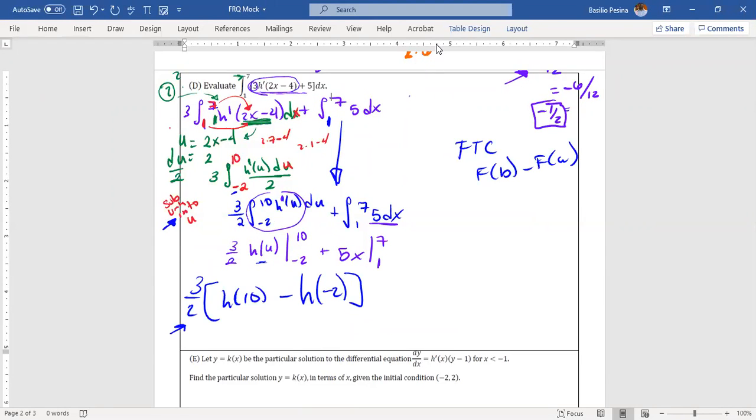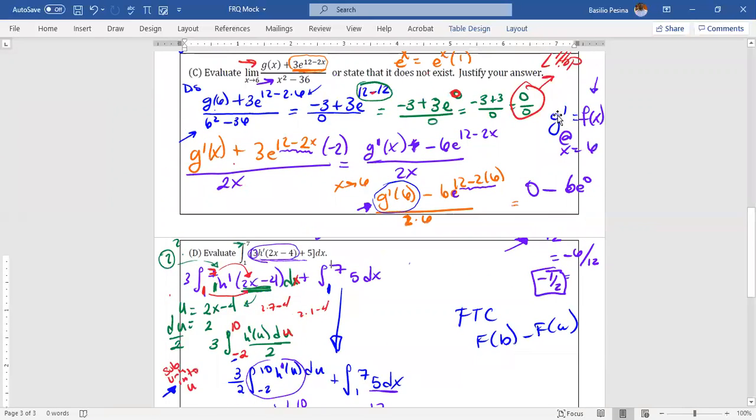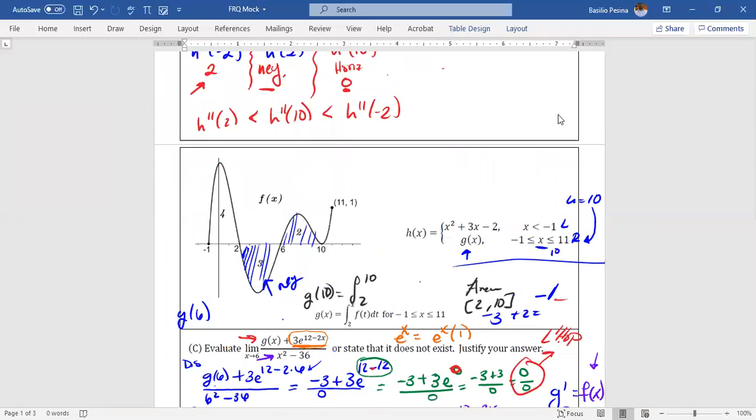That's what I'm doing right here. So it's 3/2 on the outside. I'm not going to mess with that yet. And then we set this area h of 10. We just said it was -1, minus h of -2. So I go back to my h function where u is -2. Which side am I going to use, the left or the right? Left. Yeah, so I'm going to put -2 into here.